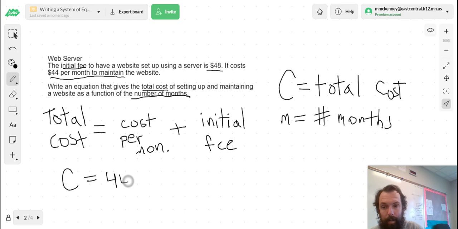Cost is equal to 44 times m plus 48. Well, it looks just like mx plus b. This would be our slope. Is the cost changing? Well, it's up $44 for every 1 month it goes over. And our b, our initial amount, is $48. All right.